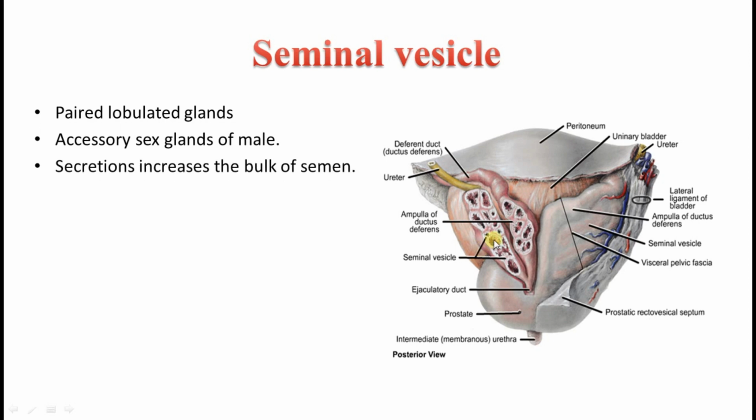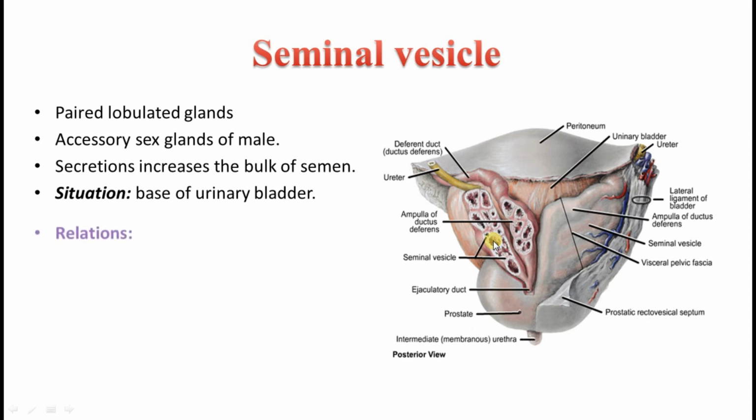Its secretions mainly form the bulk of the semen, mainly consisting of fructose, the nutrition required for the semen to survive in the female reproductive tract, and it also contains prostaglandins. So prostaglandins and fructose are the main constituents of the secretions of the seminal vesicle.